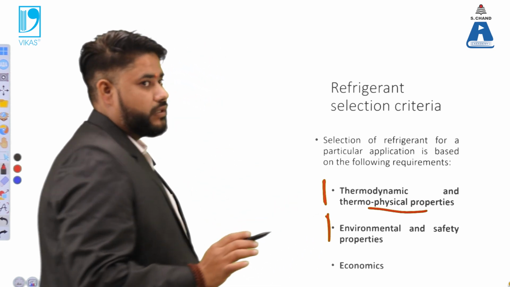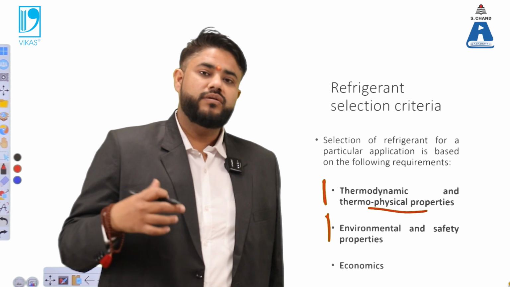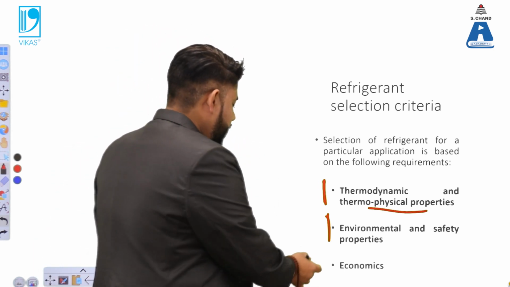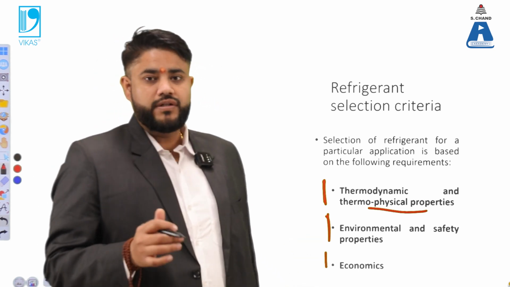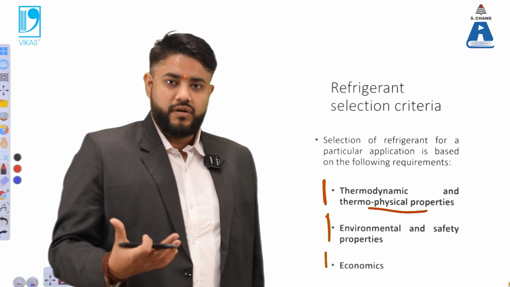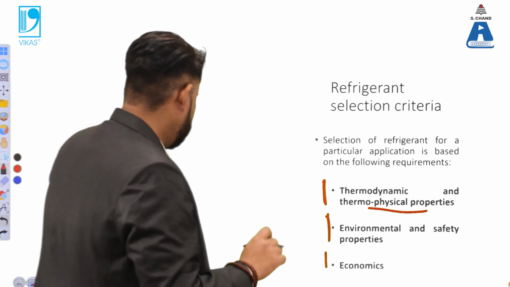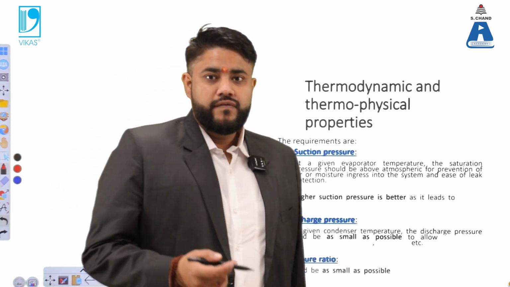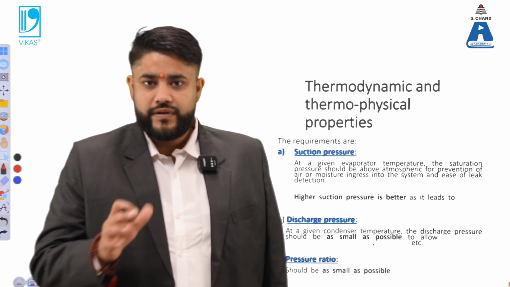That means it would not harm the environment, it will not lead to global warming, it should not cause ozone depletion, and additionally economics should be there. That means it should be economically viable, it should not be so costly, so it should adhere to the cost aspects as well.